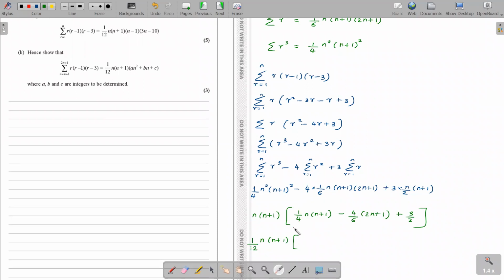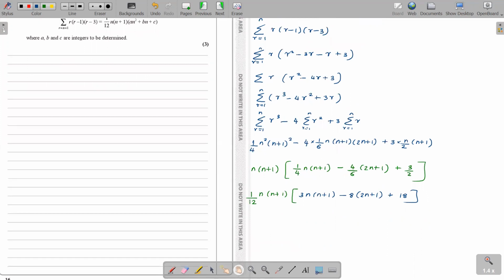So here 1 over 12 means all your inside terms are multiplied by 12. So 1 over 4 times 12 gives you 3, 3n times (n plus 1), minus 4 over 6 times 12 gives you 8, right? 4 over 6 into 12 is 8, times (2n plus 1), plus 3 over 2 into 12 is 18.